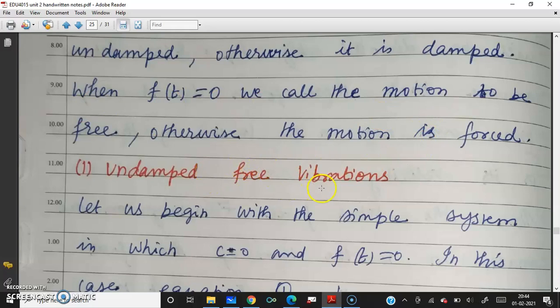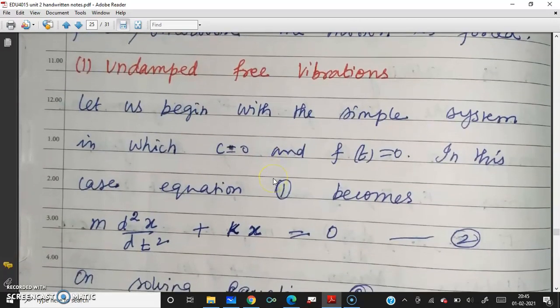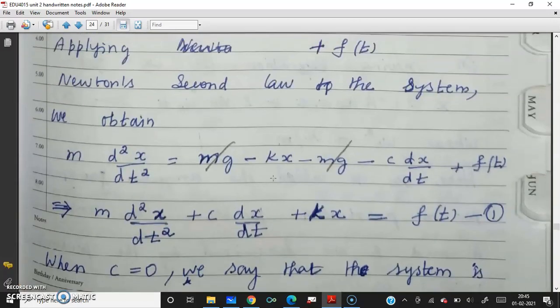Undamped free vibrations. We are going to see only undamped free vibrations for our application of the differential equation. Let us begin with a simple system in which c is 0 and the motion is free, f of t equal to 0. In equation 1, when c is 0, that term completely becomes 0.